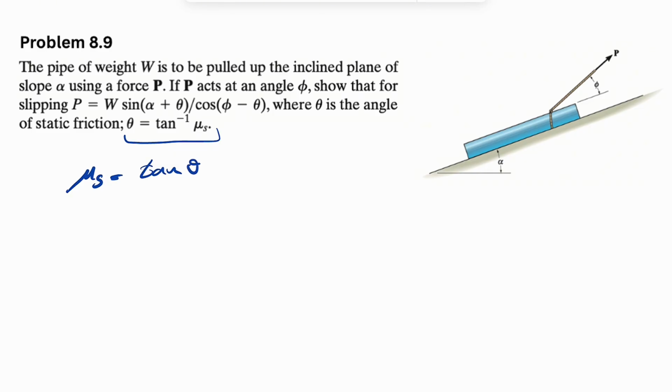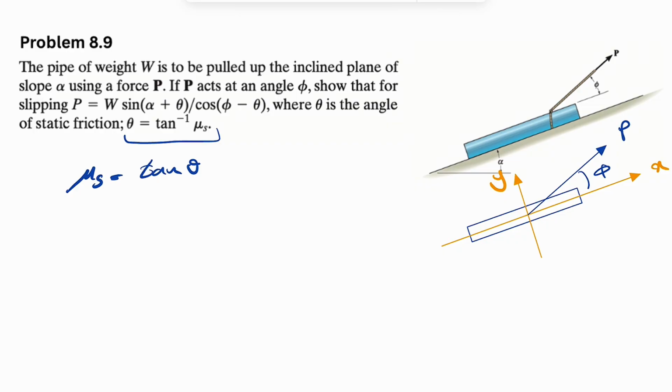As always, we're going to start with the free body diagram and show all the forces on this pipe. We can call our axes x and y before we start. So let's call this axis our x and this will be our y. We have the force P applying here, making this angle phi.